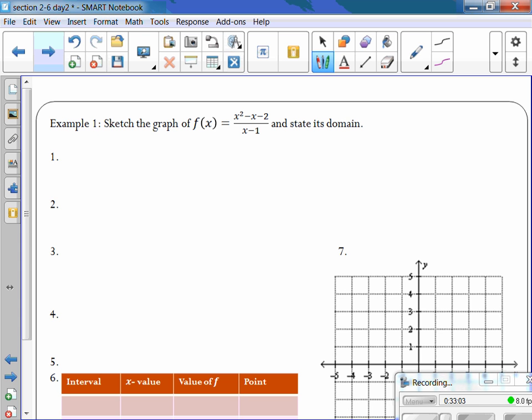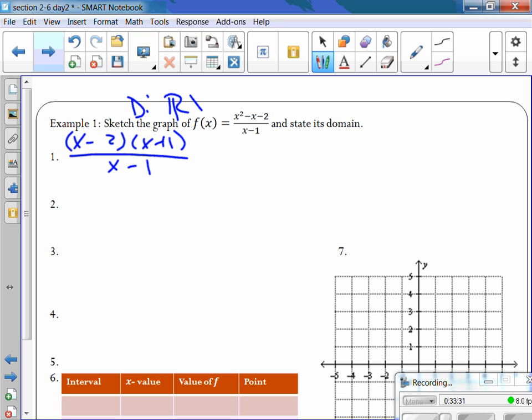So here nothing cancels out. But we do have a factor, right? You can see that the domain is all real numbers except for positive 1, where the denominator is equal to 0.